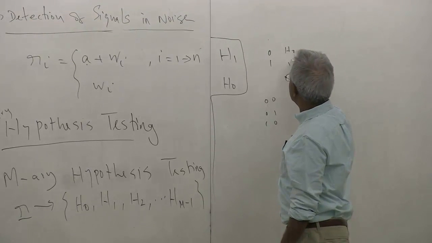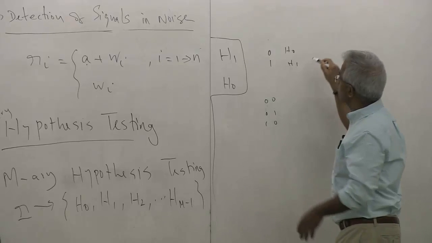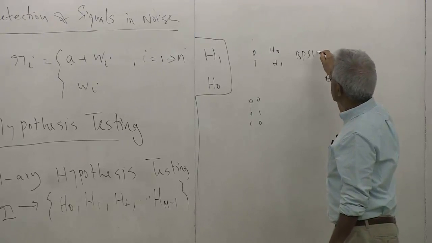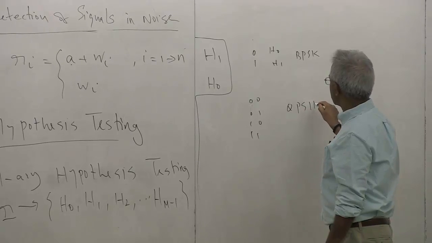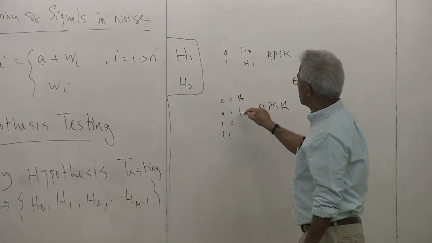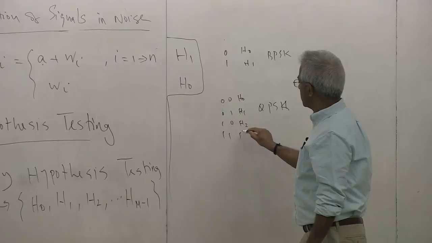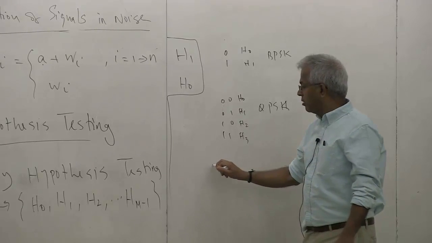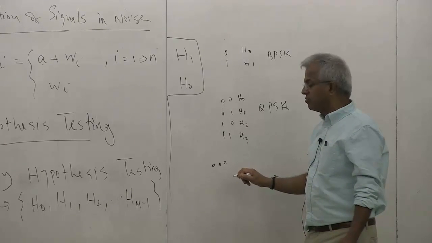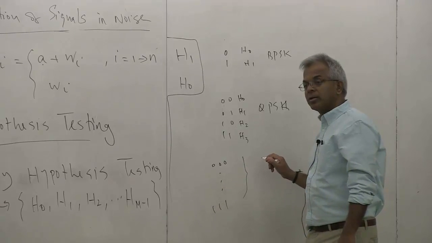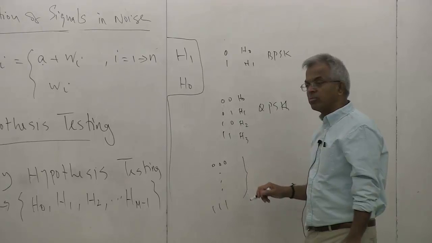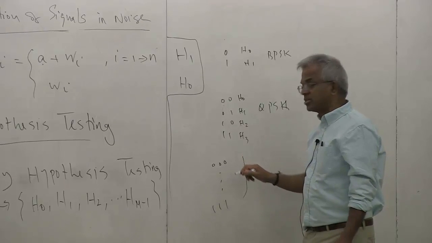So H0, H1, this is binary or BPSK. And this is QPSK, because H0, H1, H2, H3. And if you take 3 bits, then it will be 8, right? Or 4 bits will be 16, right? Yeah. So even 16.